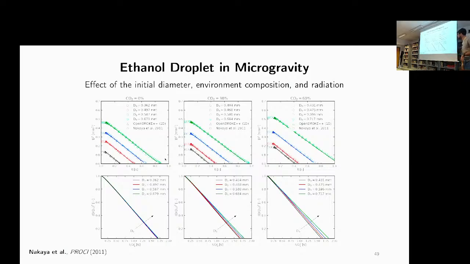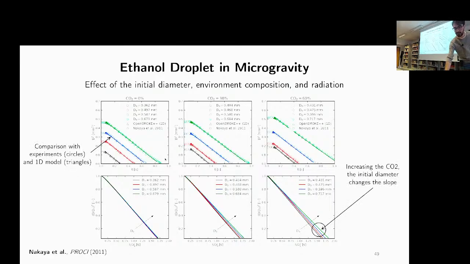But actually, if you plot the dimensionless square diameter in time, you will see that the initial diameter for the 0% CO2 case does not have any effect on the burning rate of this droplet. While as we increase the amount of CO2 in the atmosphere, we see that the larger droplets burn slower compared to the smaller droplets.